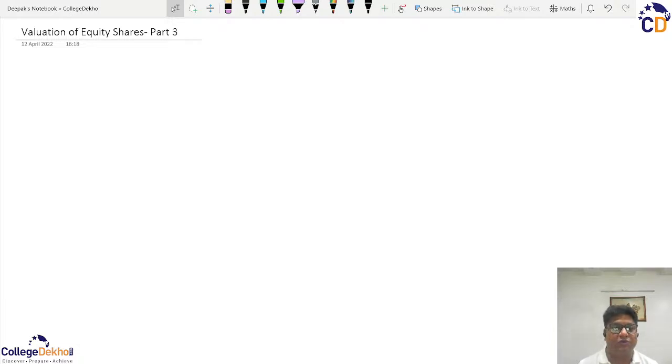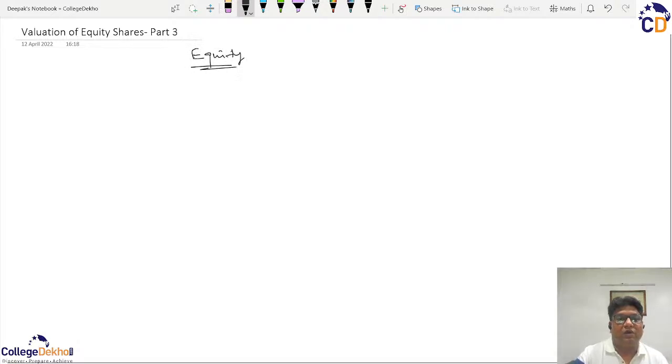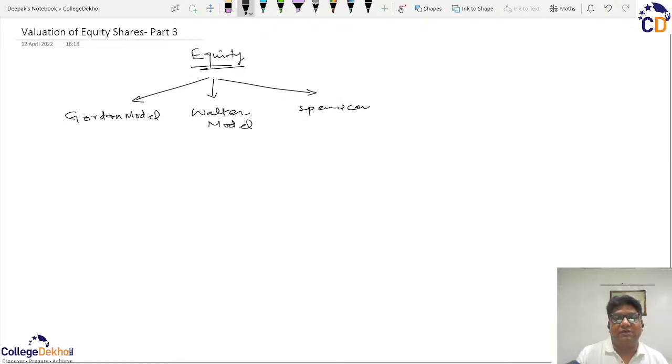And in this part 3 today, we will be discussing some special cases where the equity will be valued in three special circumstances, and all other cases have already been discussed in our earlier sessions. These three special cases are the valuation as per the Gordon model of dividend payment, as per Walter model of dividend payment, and a special case which we will be discussing as per the data.